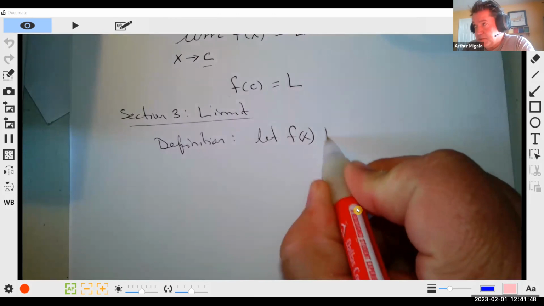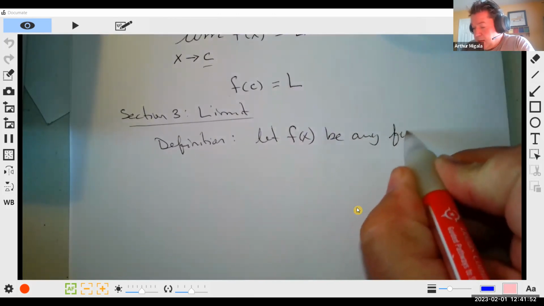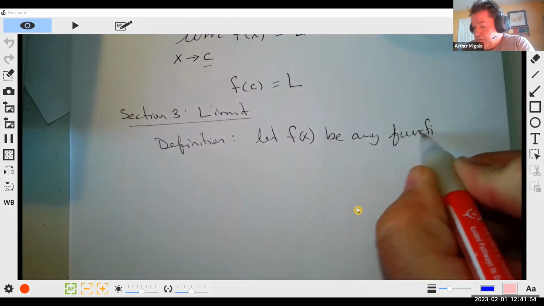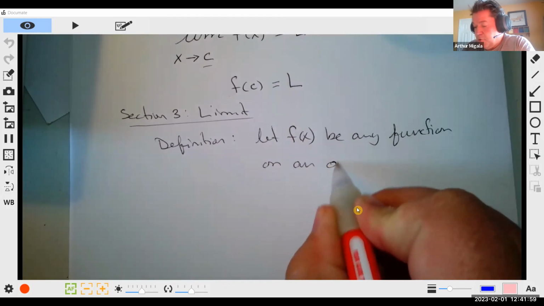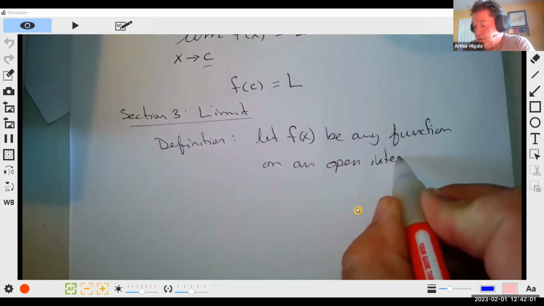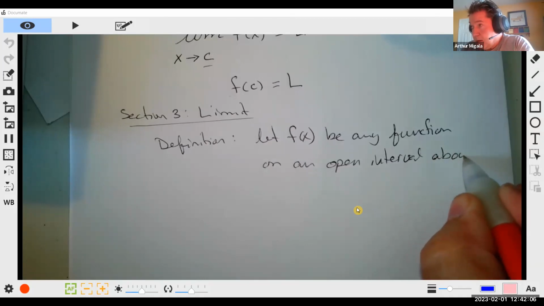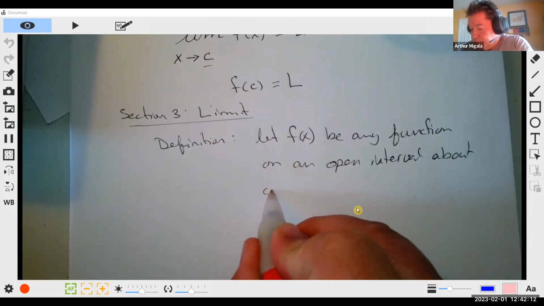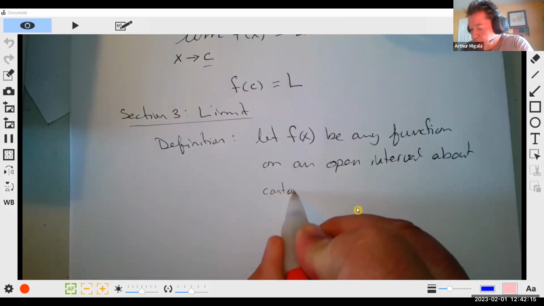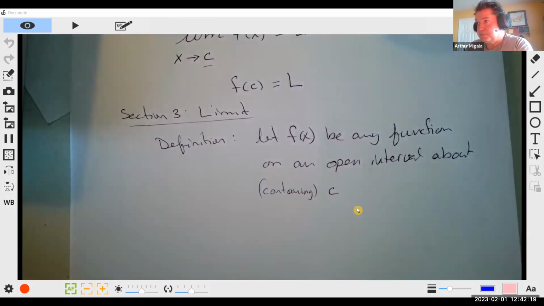Let f of x be any function on an open interval about or containing the value c.